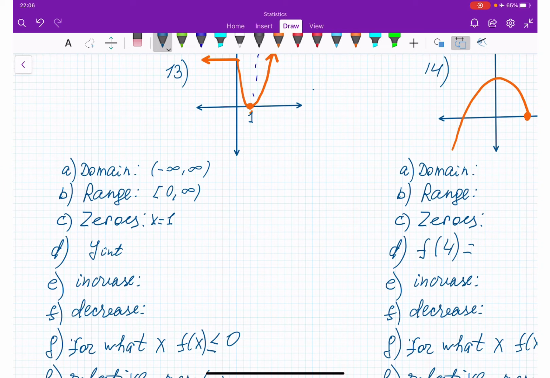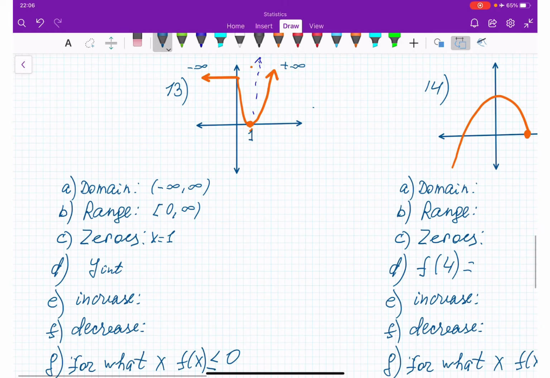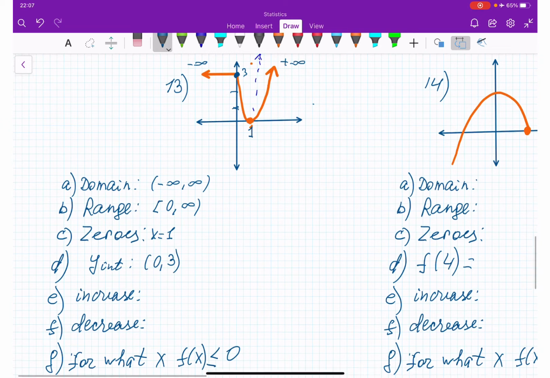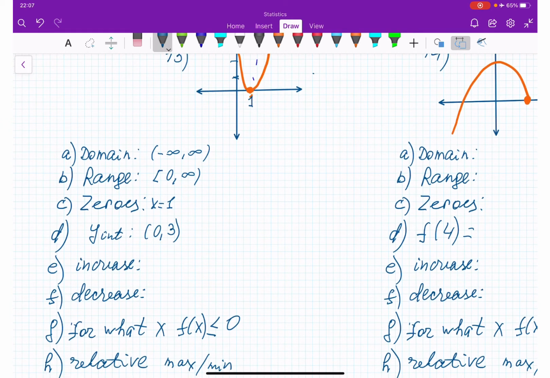Because the y-intercept is the coordinate when x is equal to 0. Where do we have x equal to 0? Right, this point. This is our y-intercept. How much is it? 1, 2, let's say it's 3. So the y-intercept is at point 3. As a coordinate, I can put x is 0, y is 3, or sometimes my MATLAB is asking just to plug in 3.